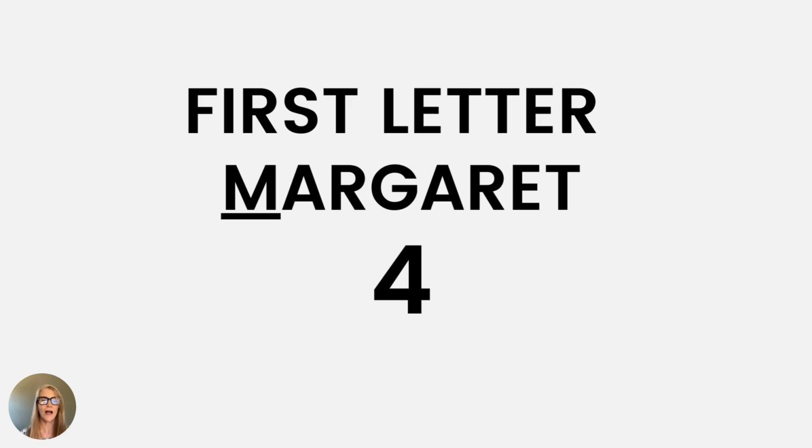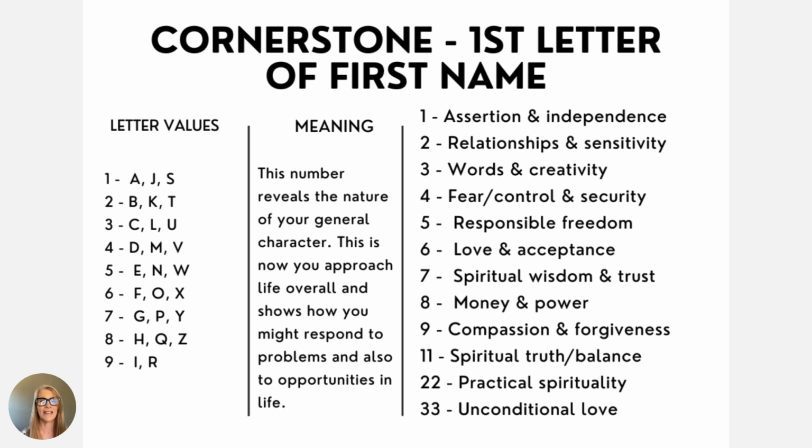The first letter of the name Margaret is an M, and an M, if you refer to that chart, is a number 4. The first letter of Thomas is a T, so that is a number 2. Thomas, the T is a 2. That is quite wonderful alliteration. I love alliteration. So Thomas, T, 2. That's a good way to remember it.